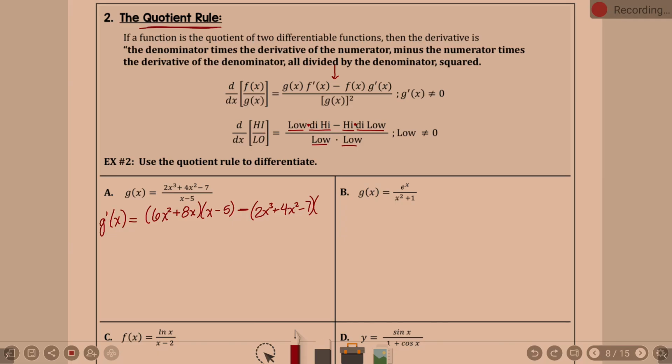Derivative of x minus 5 is 1, all over denominator squared. So x minus 5 quantity squared. Okay. Now, numerator we usually try and clean up. Denominator, it's pretty usual to just leave it as is.